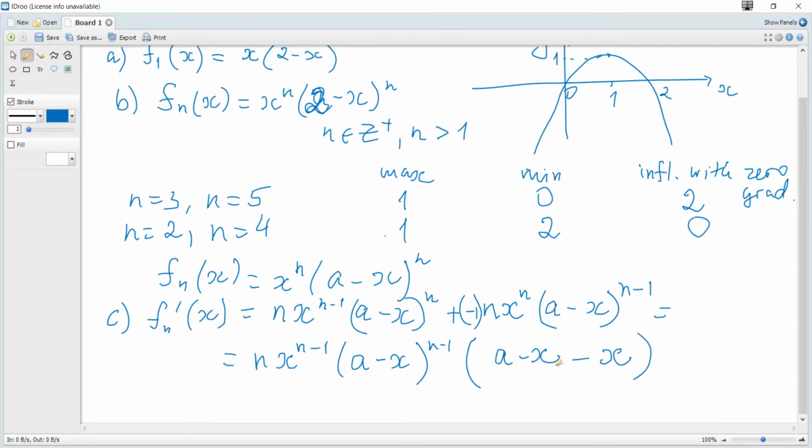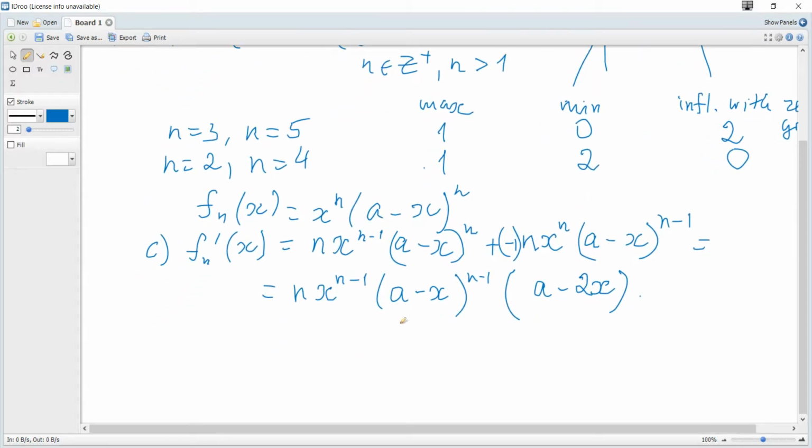Or we can see that it's just a minus 2x. And it is equal, as required, to n x to the power of n minus 1, (a minus 2x), and (a minus x) to the power of n minus 1. Yes, it's correct. The next, D.